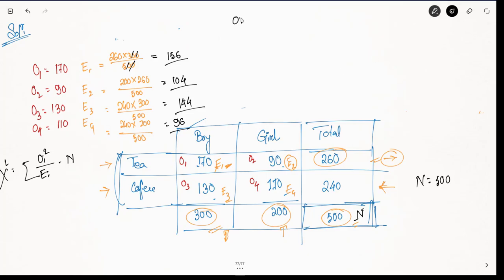So I will calculate Oi square by Ei. Now Oi square means 170 square, Ei means 156, right?